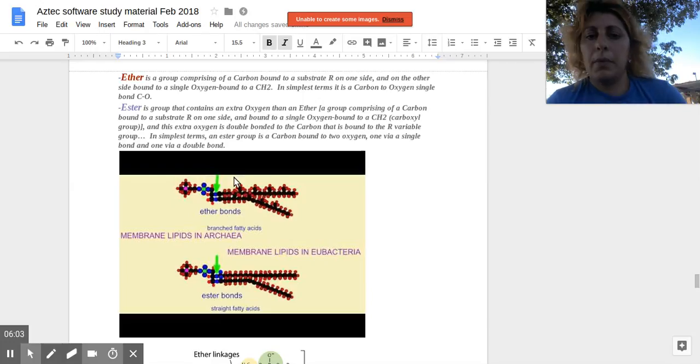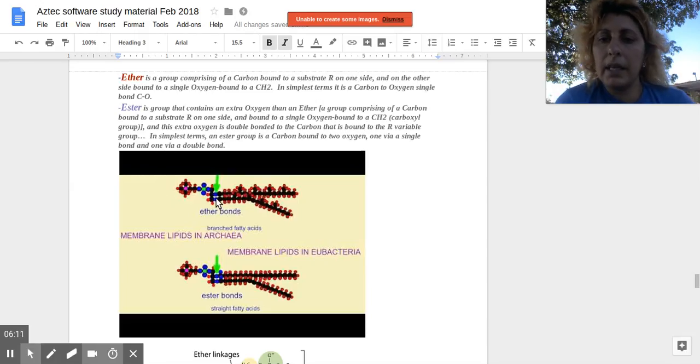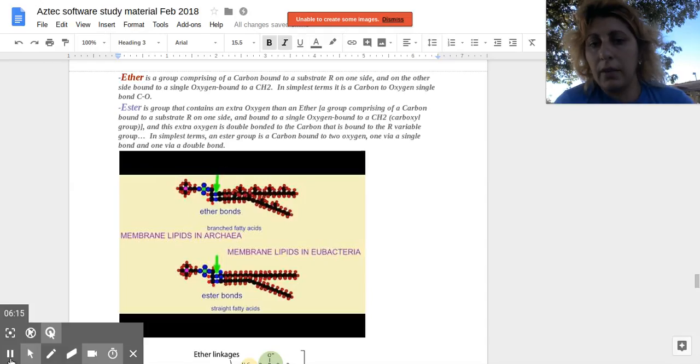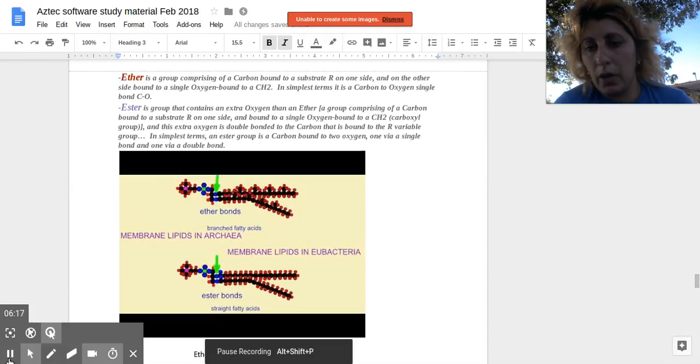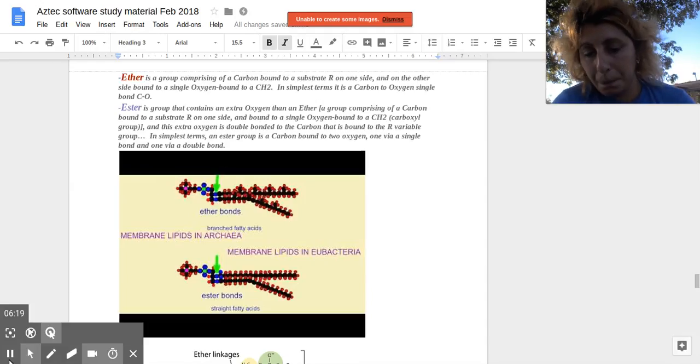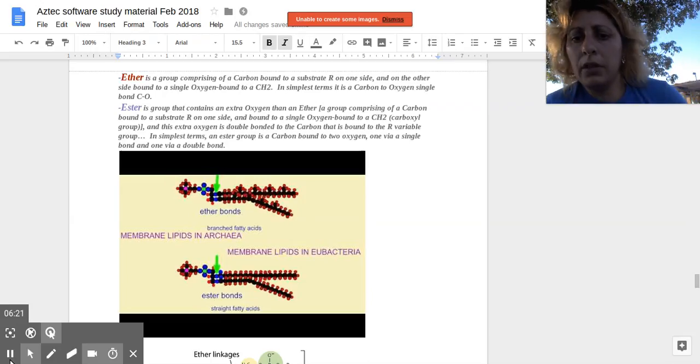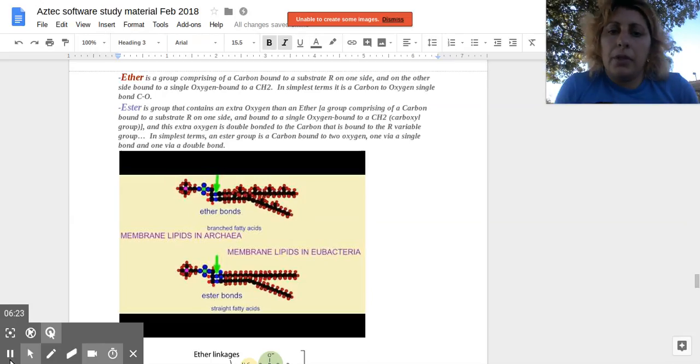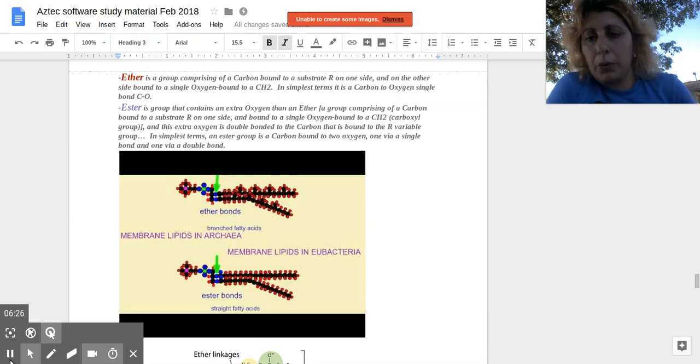In simplest form, it is a carbon to oxygen single bond, or C-O. However, ester is a group containing an extra oxygen compared to an ether, a group comprising a carbon bound to a substrate R on one side, bound to a single oxygen, bound to a CH2 or carboxyl group.